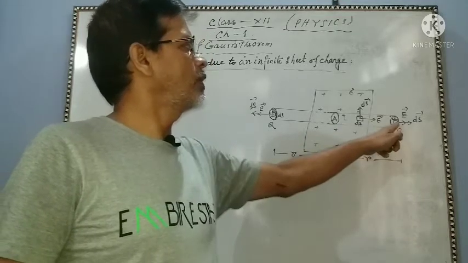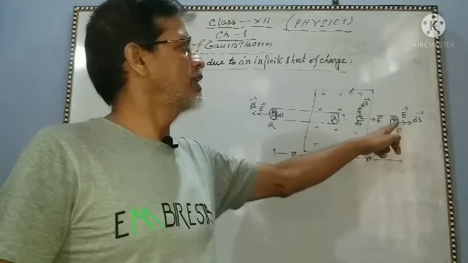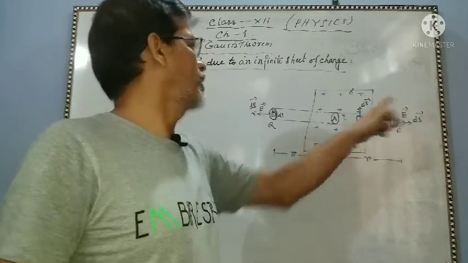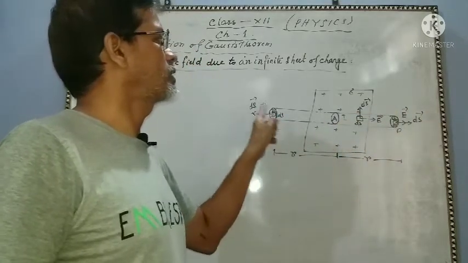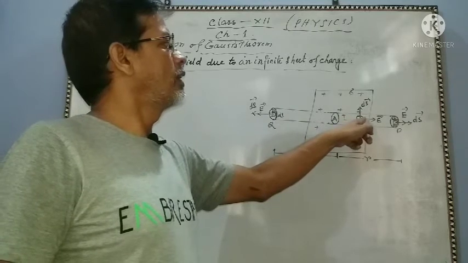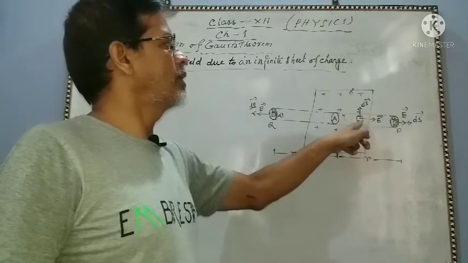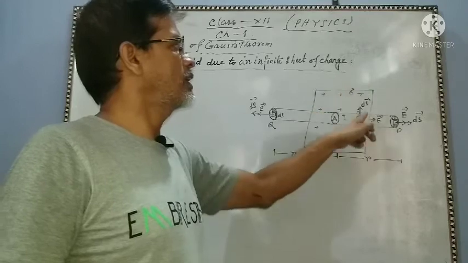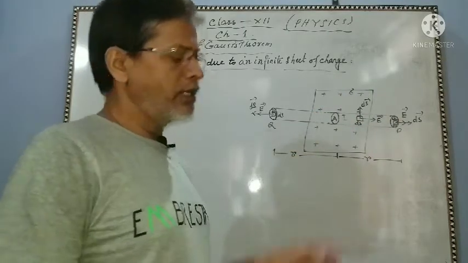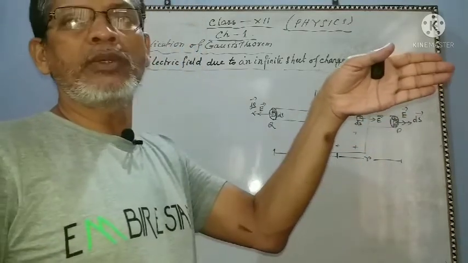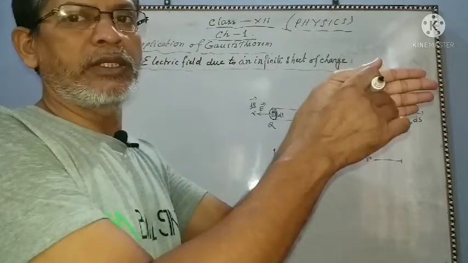At point P we have taken an elementary area ds vector, with the electric field in the same direction. Here at point Q also. The electric field is perpendicular to the surface.